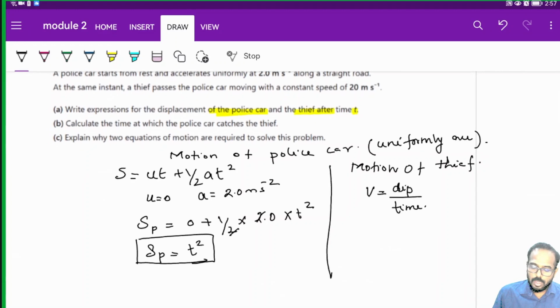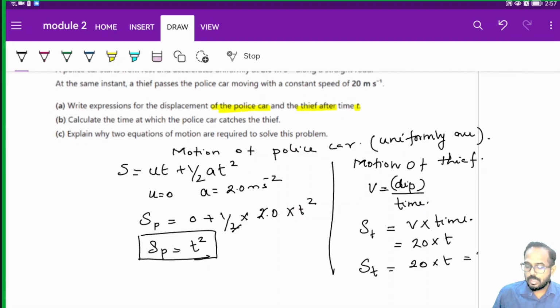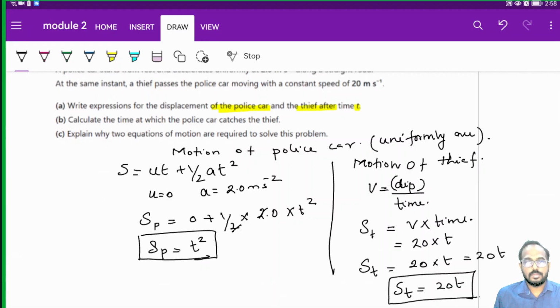So from here, you need the expression for displacement. So displacement of thief equals velocity into time. Here speed is given, which is 20, into time. So ST is equal to 20 multiplied by time, that is 20t. So you got the expression for both now. That is the first part of the question. I hope you got it right.